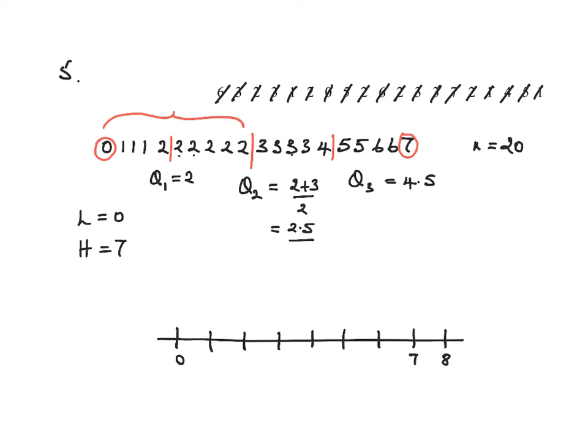So what do I do now? Well, I'm going to draw one vertical mark at 0. I'm going to draw another vertical mark. Let me just put in some of these numbers. That's not 6, that is the number 4. That's 6 there.